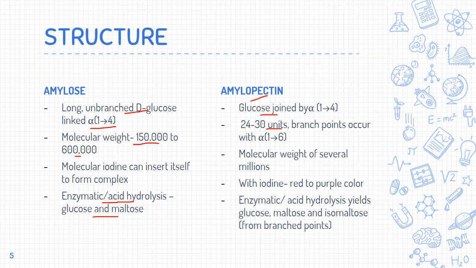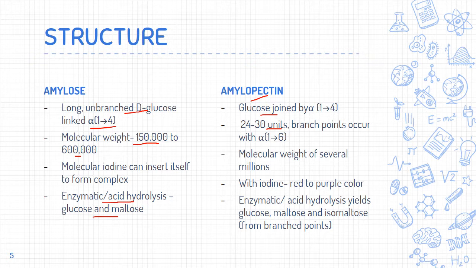This slide gives you the comparison between amylose and amylopectin. Amylose consists of long unbranched D-glucose molecules linked together by alpha 1,4 glycosidic bonds. Several thousand D-glucose residues are held together by glycosidic bonds, and the molecular weight varies from 150,000 to 600,000.